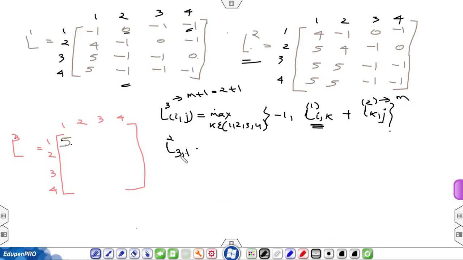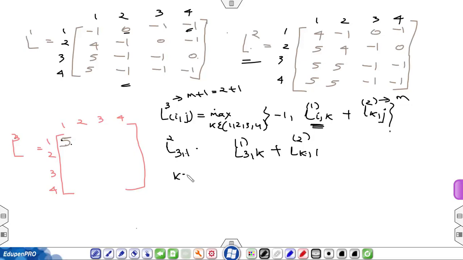So calculating for L of 3 comma 1, I have to check L of 3 comma k from matrix 1 for different values of k, and then L of k comma 1 of matrix 2, and add them.